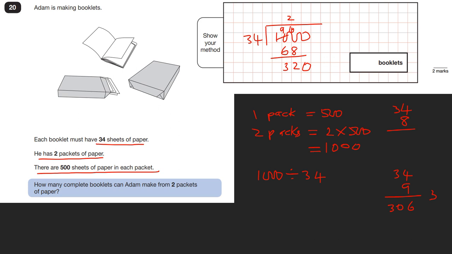So 8 times 4 is 32, 3 remaining. 8 times 4, 32. 270, isn't it? So 8 times 4 is 32, 2 and 3 remaining. 270.